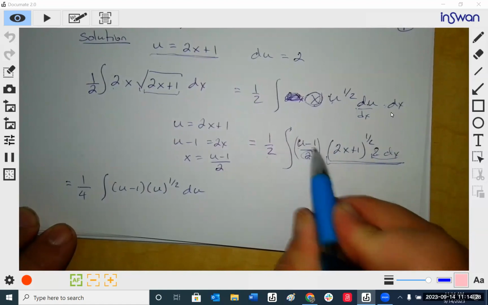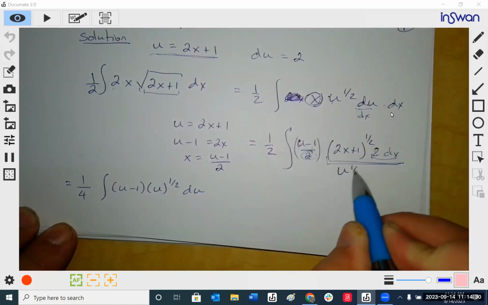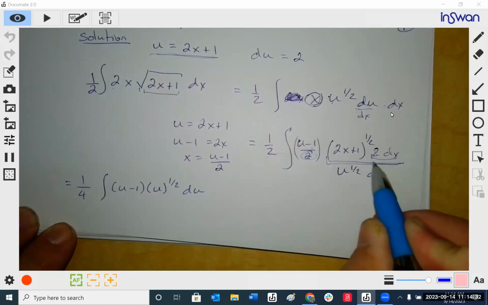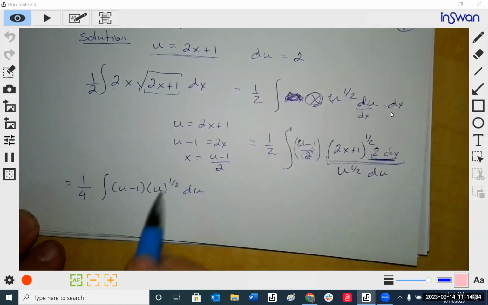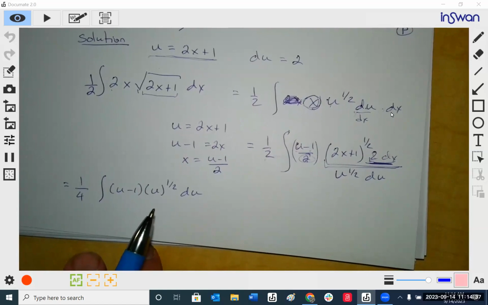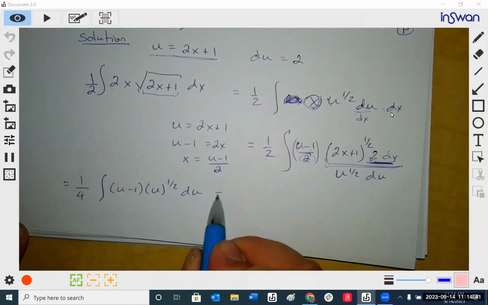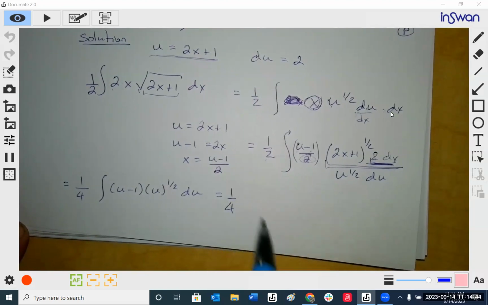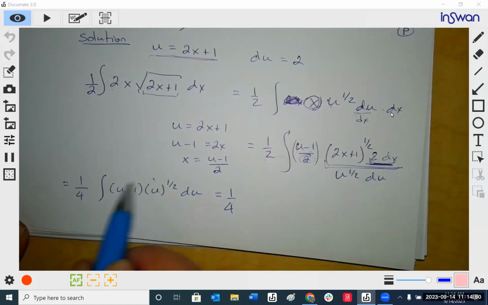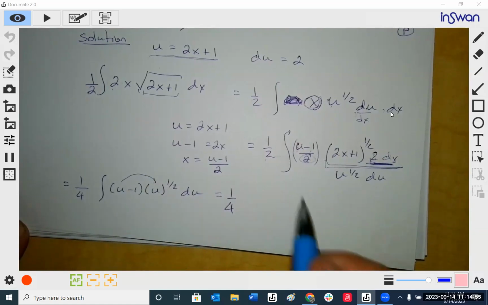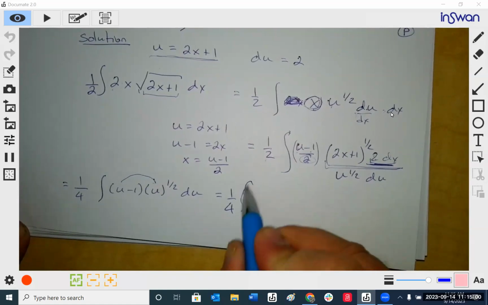This is what we have. We have u minus 1, u to the power 1/2, du. So far, so good? Now we can distribute. U to the power 1/2 times u to the power 1 is equal to what?